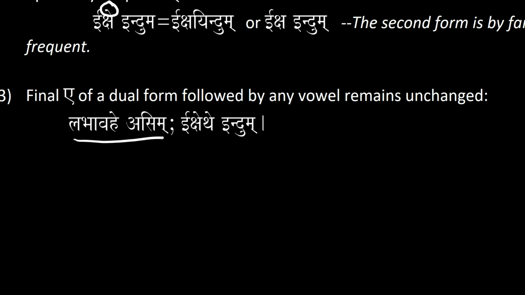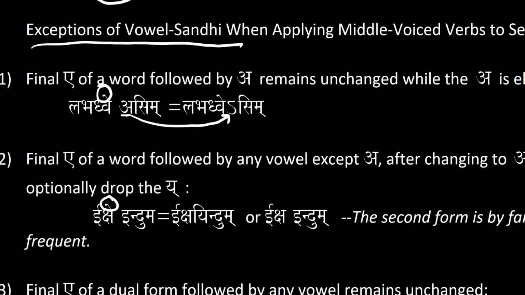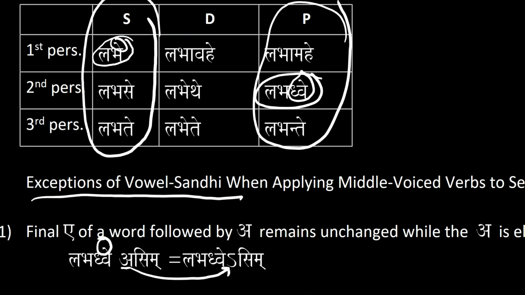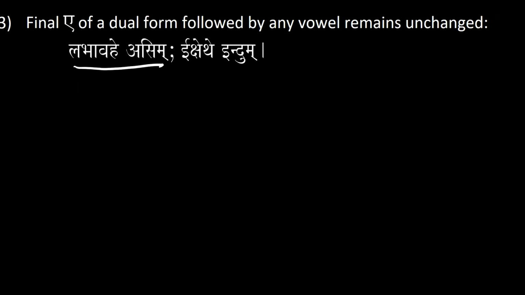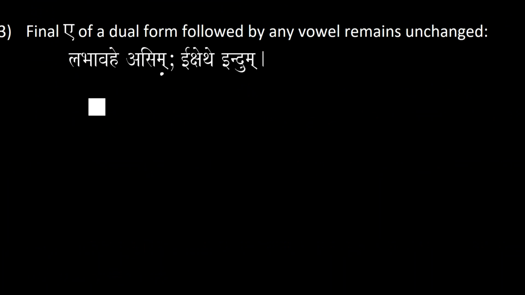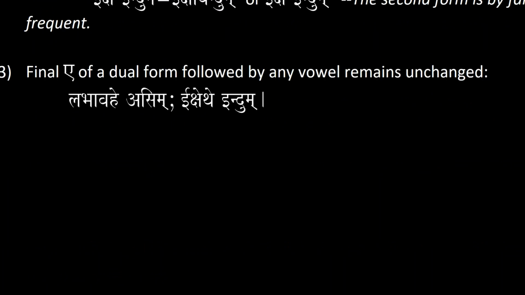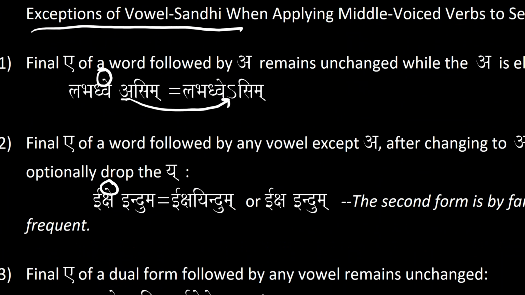So it just remains that way. Nothing, it just stays the way it is. And we have ikshete indum. Ikshete, te is second person dual. Ikshete indum. So that remains unchanged.